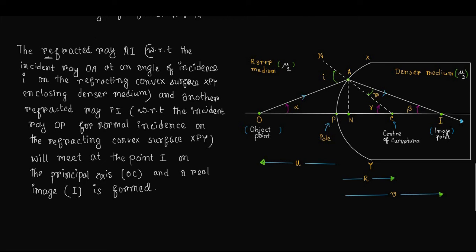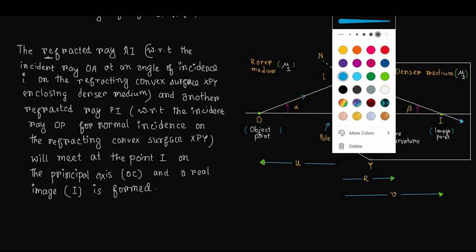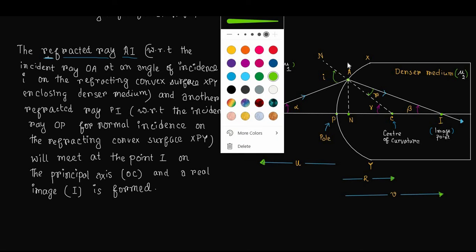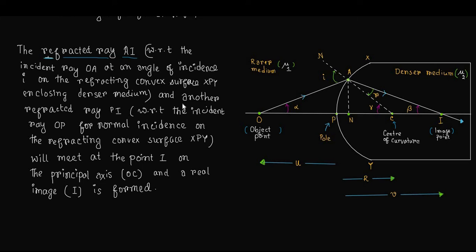The refracted rays AI and PI form the real image I on the principal axis.